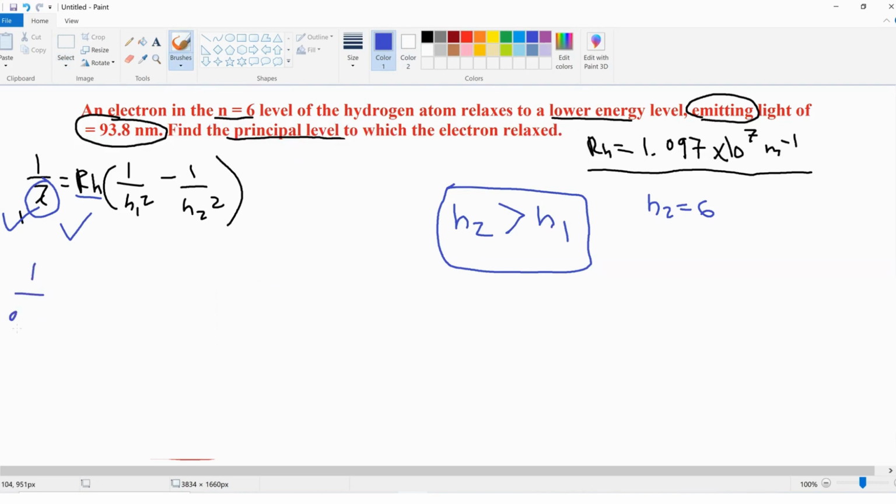This is 93.8 times 10 to the minus 9 meters, because that's nanometers. I'm going to leave R_H as it is. 1 over n1 squared minus, and n2 we said is 6 here.